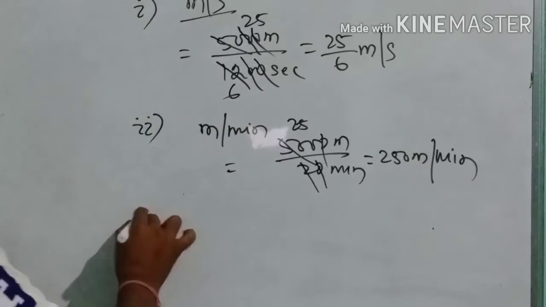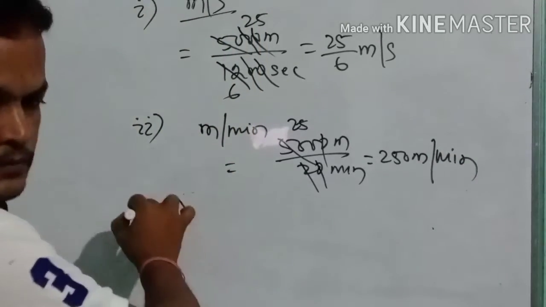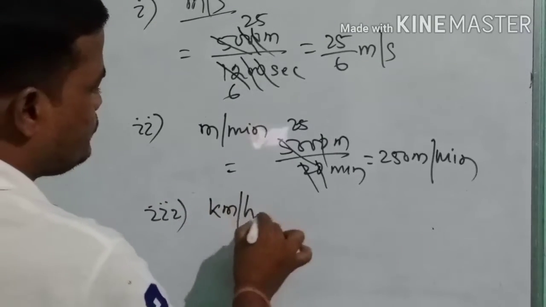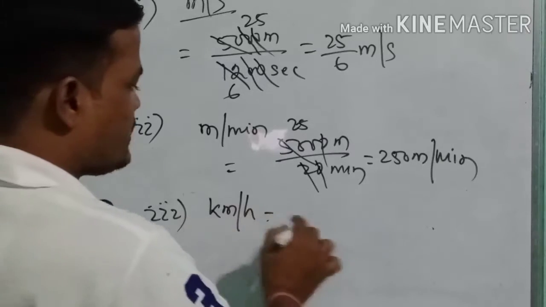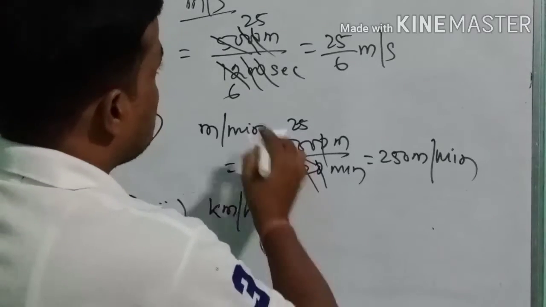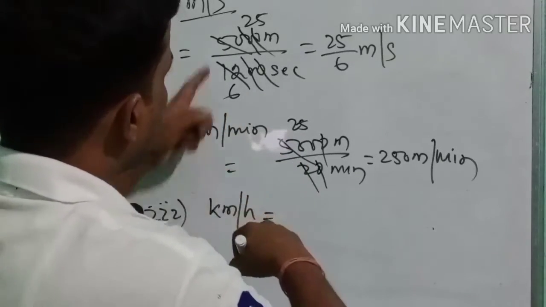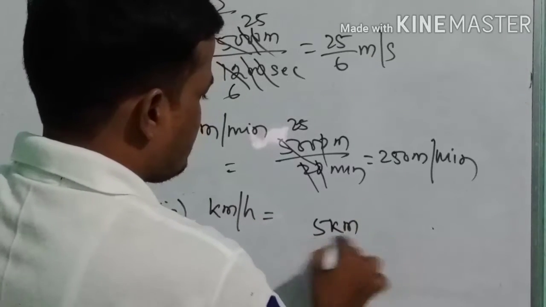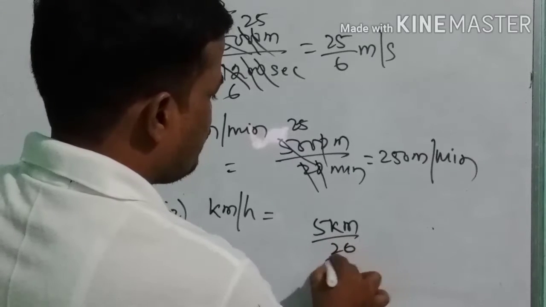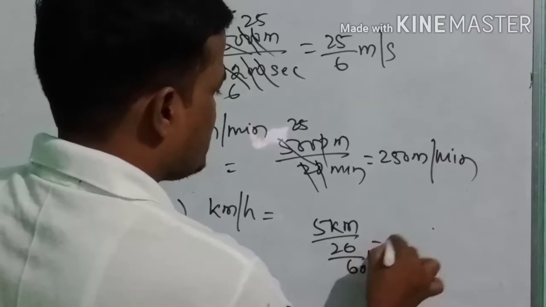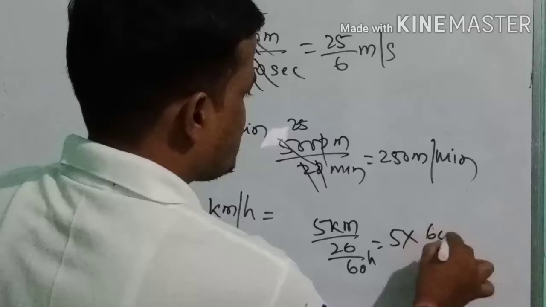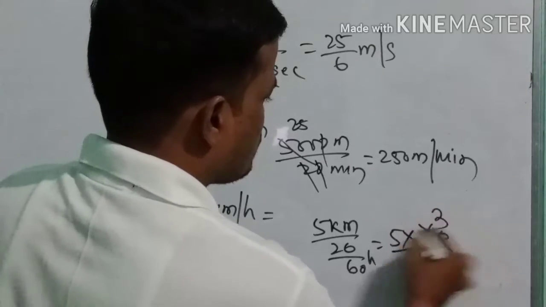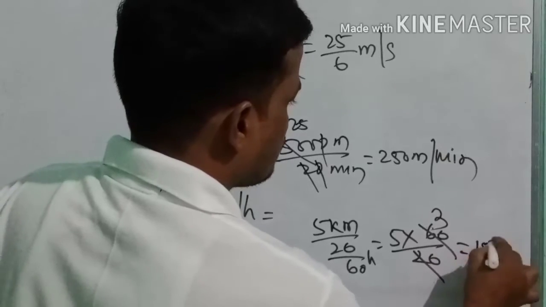Next come to the third one, kilometer per hour, that we have to calculate here. Given 5 kilometer by 20/60 hour, that is 5 into 60/20, that is 15 kilometer per hour.